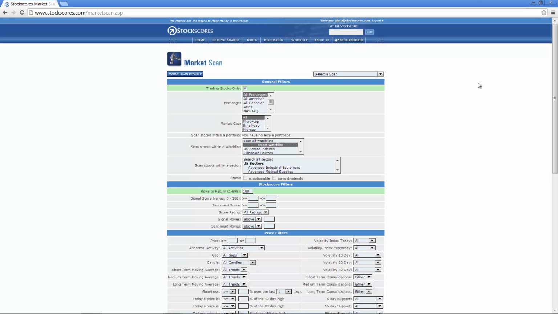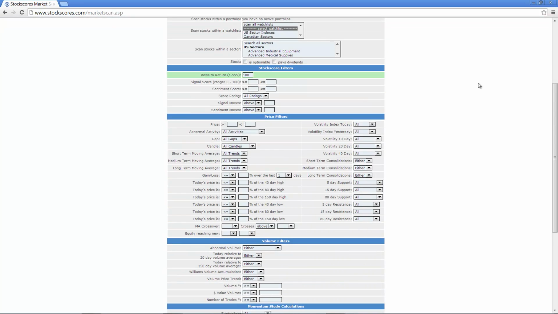I built this tool with the idea that I wanted to be able to scan for the kinds of chart pattern setups that I like to see. So for example, I like to see abnormal price moves from low price volatility through resistance, preferably with a little heavier than normal volume. Well, if you think about those concepts, we could say the volatility index yesterday would be low.